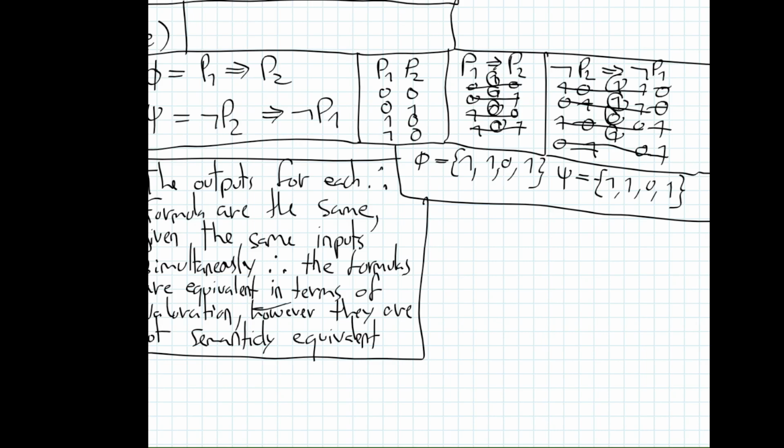This part is the only one where we want to express that the outputs for each formula are the same given the same input simultaneously. Therefore, the formulas are equivalent. The rest is just sugarcoating it a little bit, to be honest. It's merely an intellectual exercise.